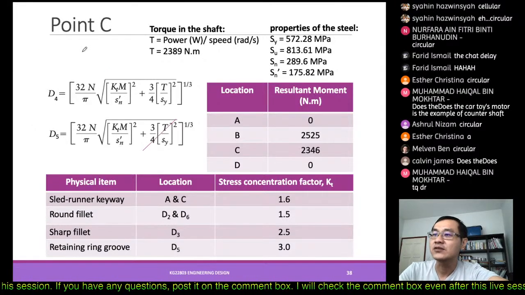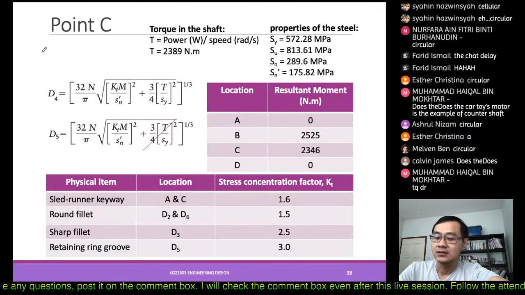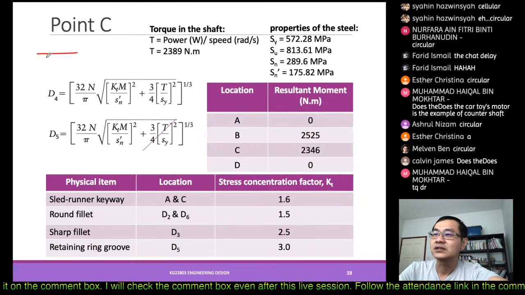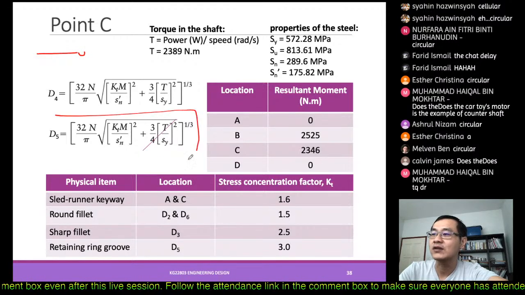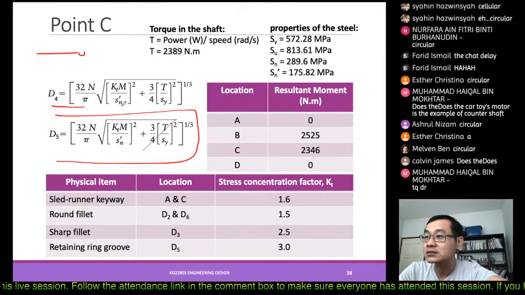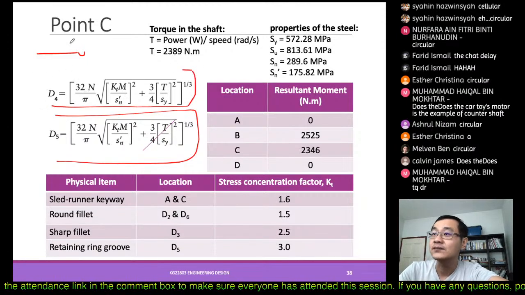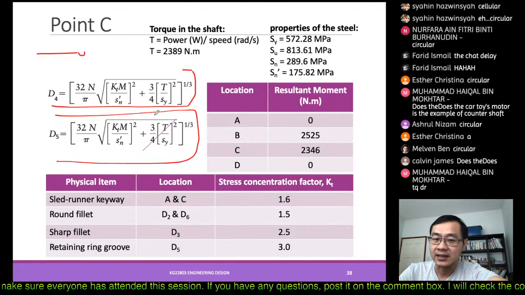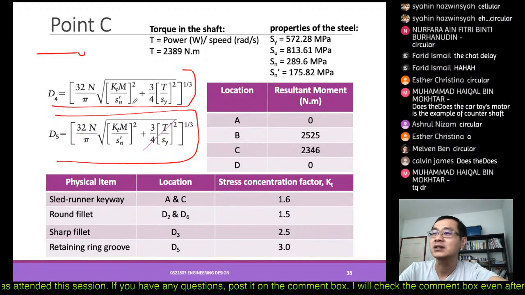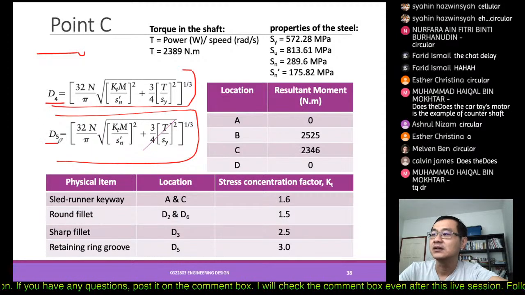Same thing for point C. Point C we have the highest point with a groove, so this is where we have the groove part. You just put in all the parameters at those positions and we will get the respective diameters.